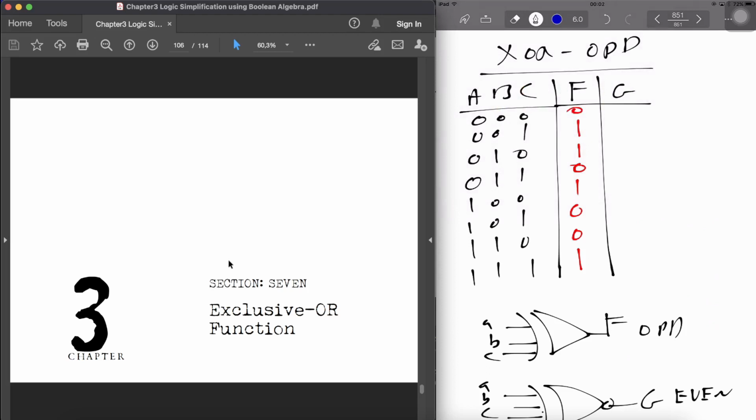So 000, it's 1. 001, it's 0. Two ones means it's even. Odd, odd, even, even, and odd. Or you can see the relationship: they're just inverses of each other. Okay, so this is how we can show them on a truth table.